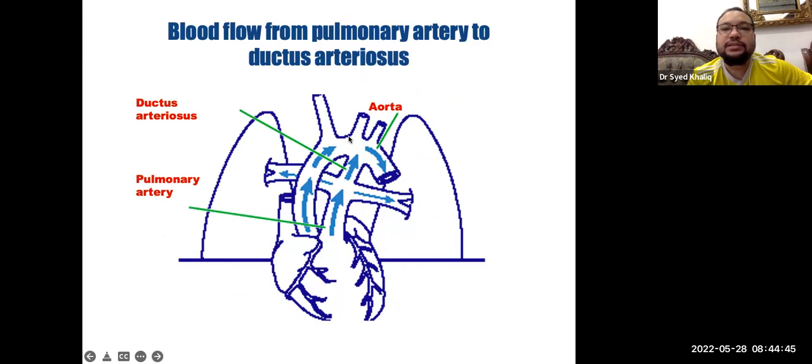So this is the ductus arteriosus, where blood from the right ventricle goes to the pulmonary artery and bypasses the lungs. Why can it not go into the lungs? Because of the high pressure in the lungs. So it bypasses and goes into the aorta through the ductus arteriosus.